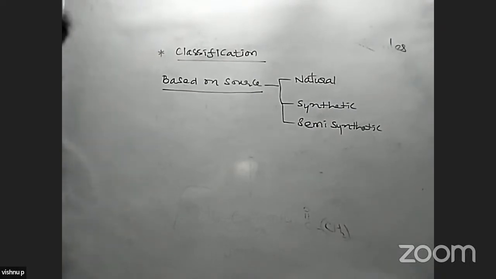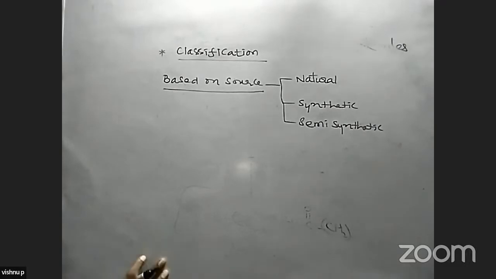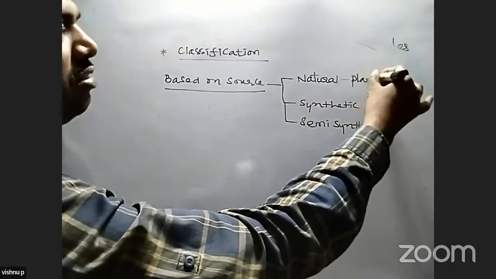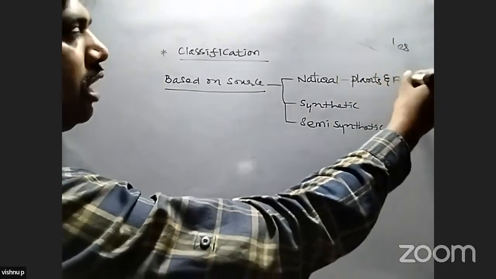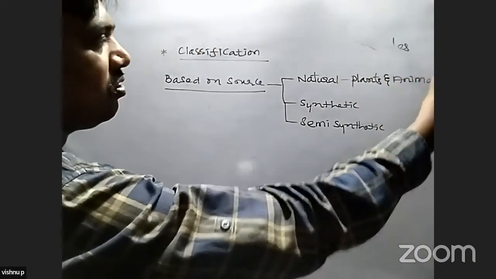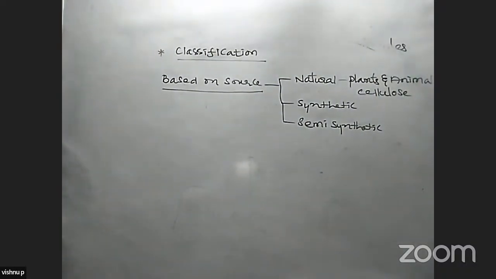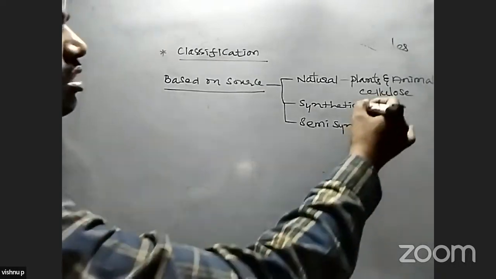Natural polymers are generally obtained from plants and animals. Example, cellulose. Synthetic polymers are prepared in laboratories from carbon compounds.